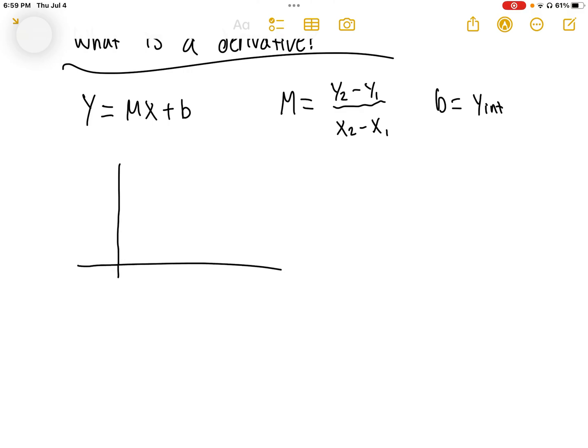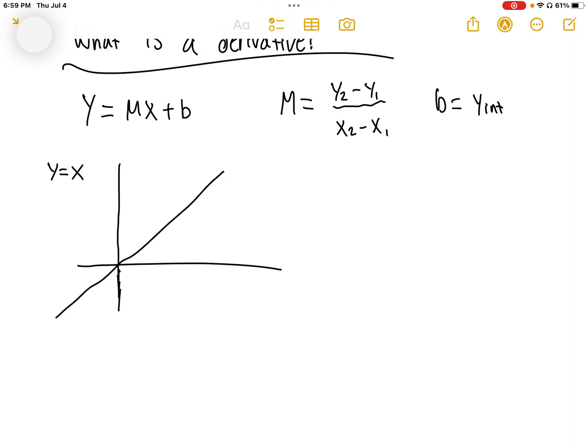if you have a graph, and we'll use the graph, for example, of y equals x, the most basic linear function that we have.